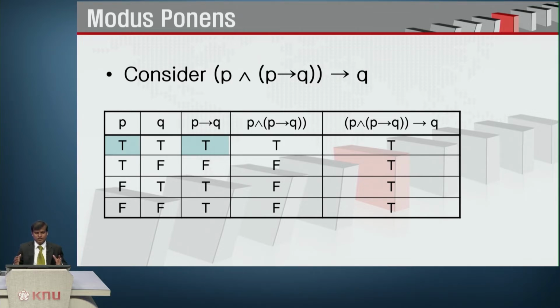In other words, given P is true and P implies Q, therefore Q is true. So we are focusing on Q. That is what it is all about: the consequent, the conclusion. So that's modus ponens.